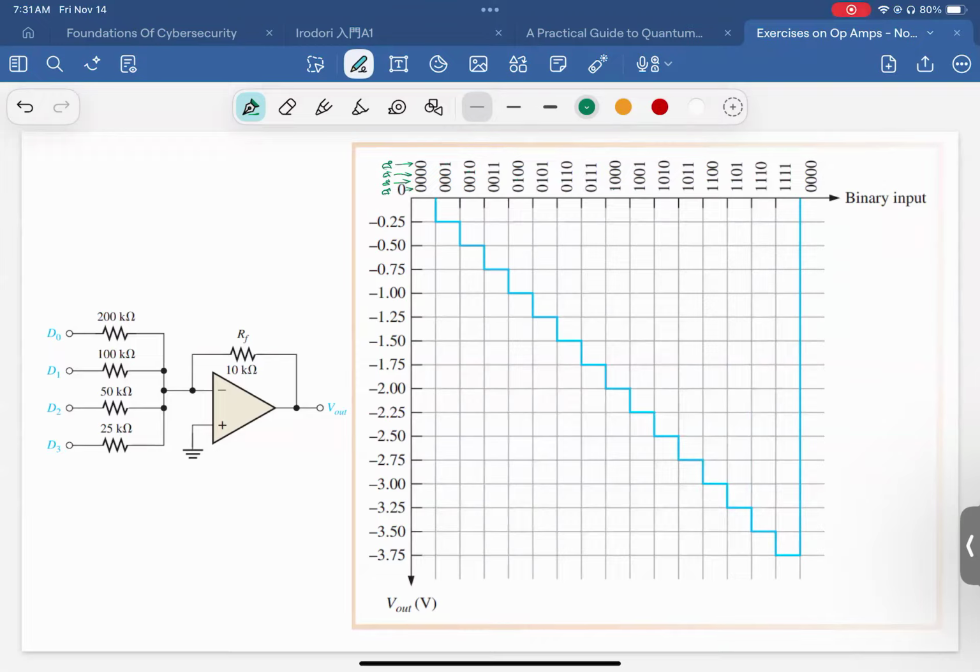Oscilloscope. Okay, pag nilagay kayo ng oscilloscope, ano magiging itsura niyan? Well, you won't see itong mga steps na to, but instead, you'll see a straight line na pa ganyan. Okay. So that's how you convert a digital signal to an analog signal.